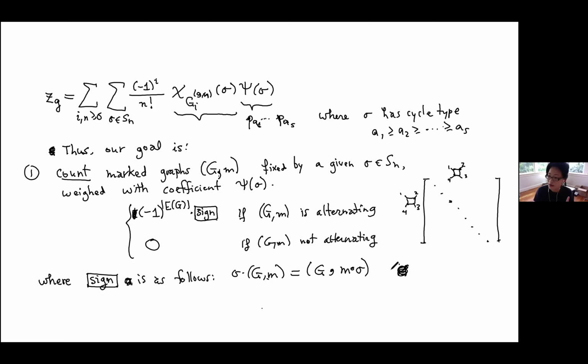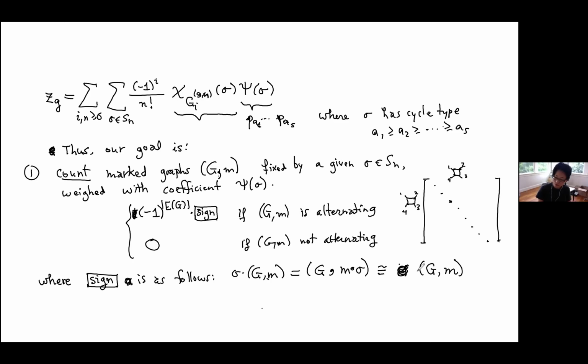What do I mean by that? I mean that this resulting graph is isomorphic to G comma M. But that isomorphism can be achieved either by an isomorphism that is an alternating permutation on the edge set or a non-alternating permutation.